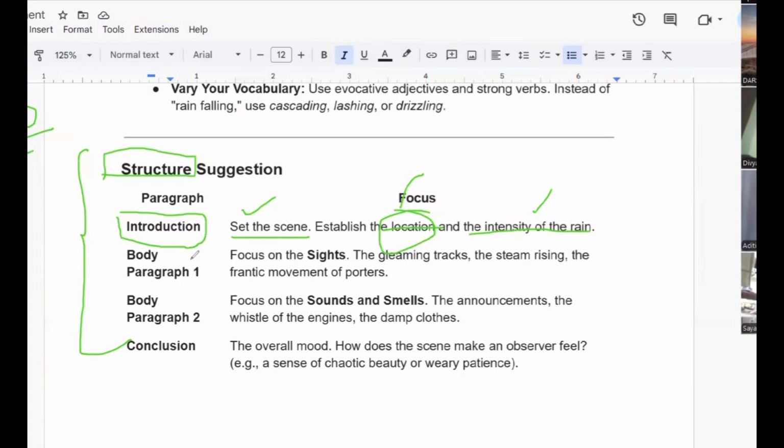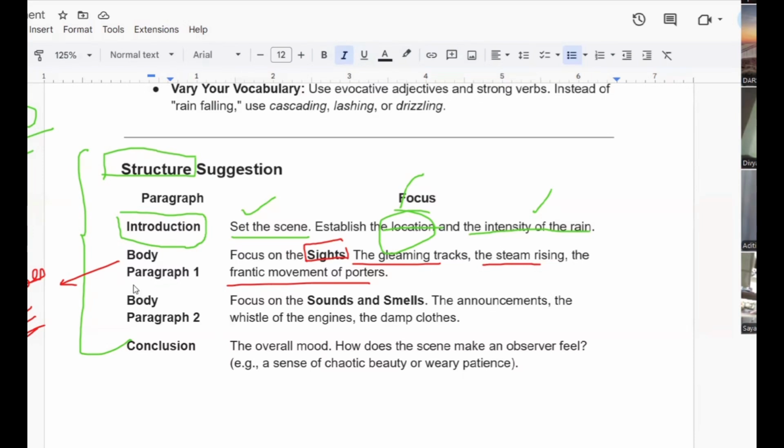Next, the paragraph generally focuses on the sights. What do you see? It generally focuses on the 5 senses: sight, smell, touch, hearing, or any other thing. The gleaming tracks, steam rising, the frantic movement of porters. They're moving, they're trying to cross the path, and they're also trying not to make the things fall or slip at the same time.